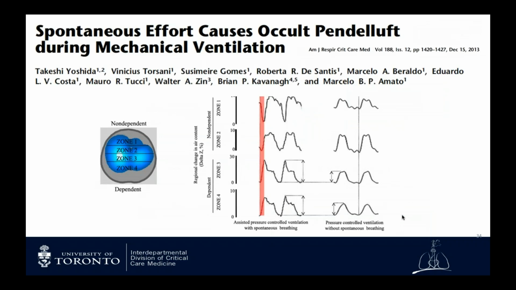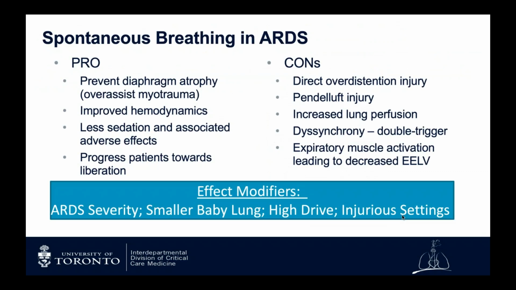And we've also appreciated recently that when patients have injured lungs, a phenomenon of pendeluft can occur because of regional differences of compliance and where effort is being generated. What looks like a safe tidal volume might in fact still be injurious because it's all going to one part of the lung first and then moving to another part of the lung second, in effect doubling the stretch for any individual alveolus. So there's pros and cons of spontaneous breathing in ARDS.